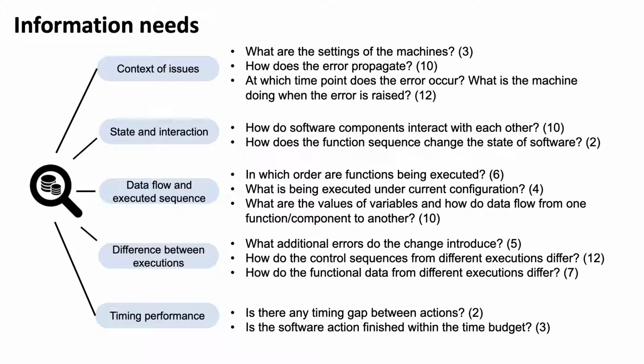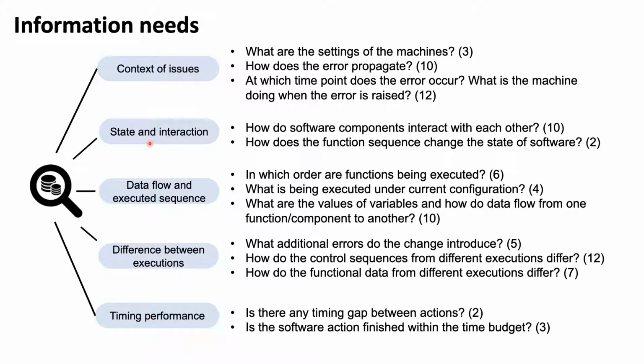After studying the purposes, we then identified 13 kinds of information that developers need from logs. They are further grouped into 5 categories. When an issue occurs, developers need to understand what the machine is doing, in which state the software is, and how software components interact with each other.